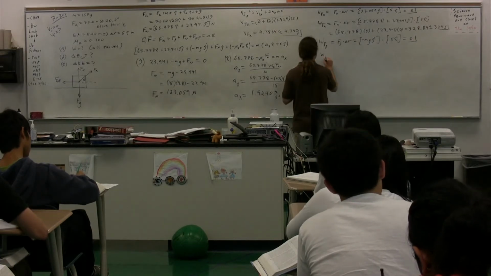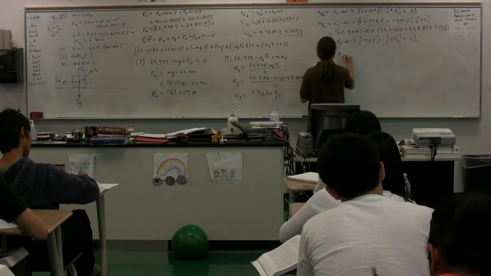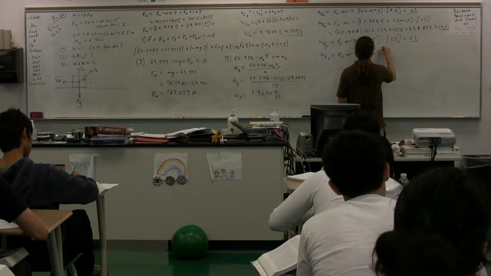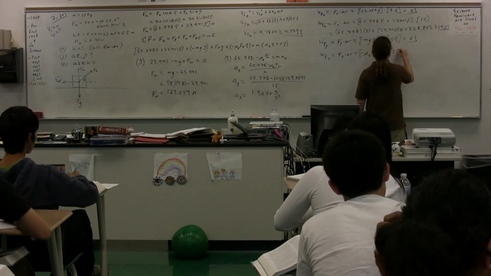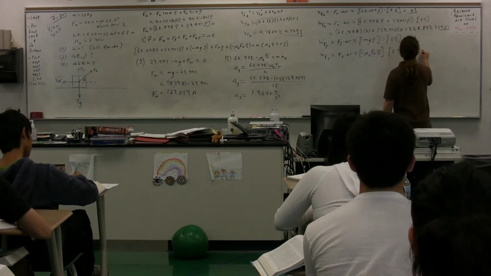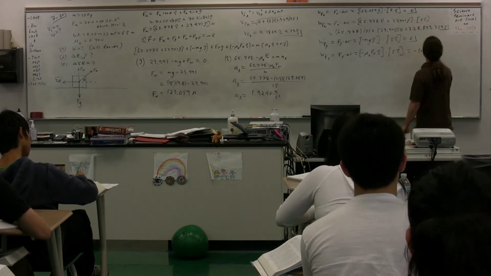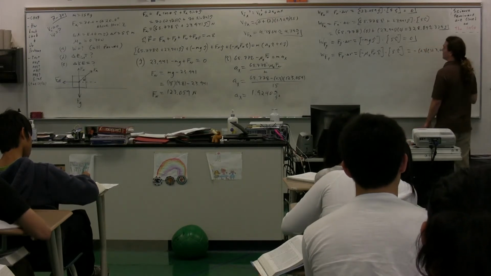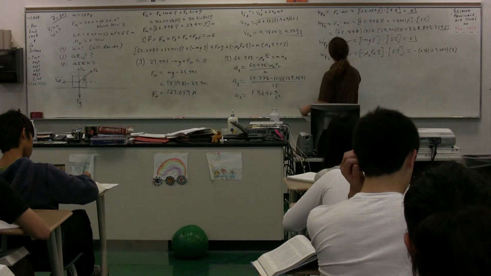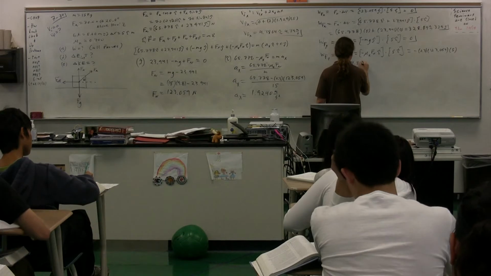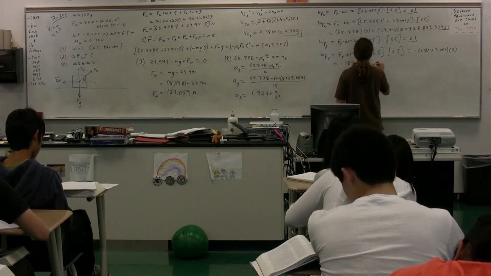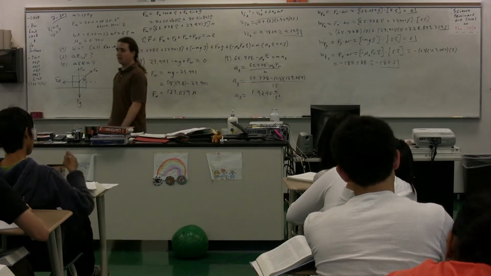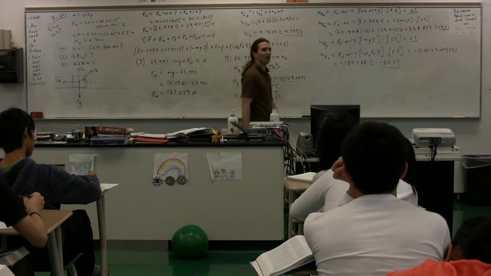The work done by the force of friction is the dot product of the force of friction and the displacement: negative mu_k times the force normal times I, dot product with 5 I. It's going to give us negative 0.3 times our force normal, which was 123.059, times 5. Great. Negative 185 joules. We have answered parts A through C, the work done by all of the various forces.